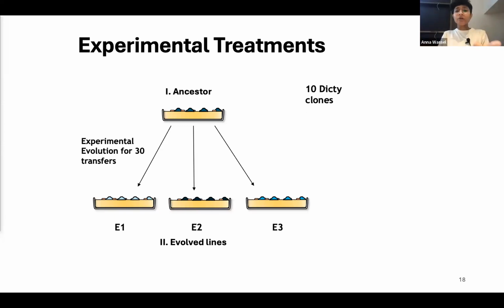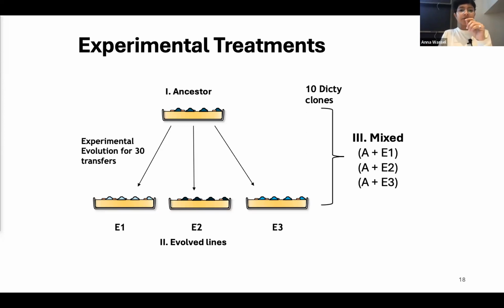And I have used these lines for my experiment. So my experimental treatments are ancestors, the evolved lines that have diverged from a particular ancestor, and a pairwise mix of the evolved lines with their own ancestors.